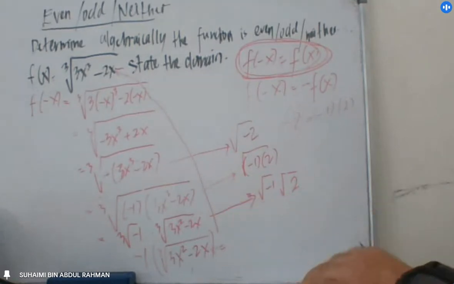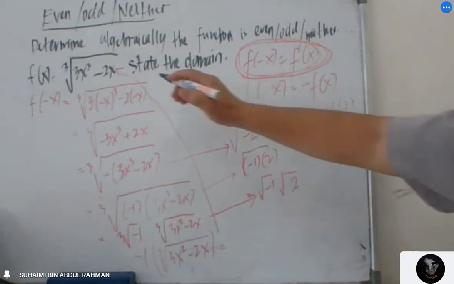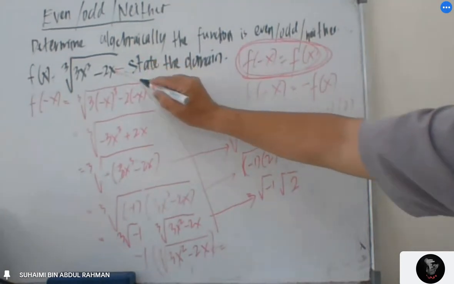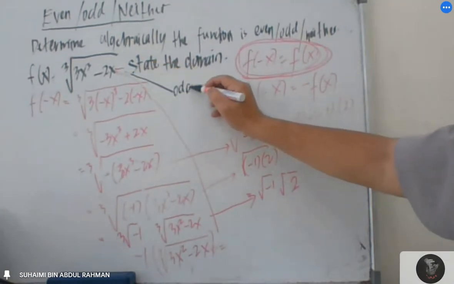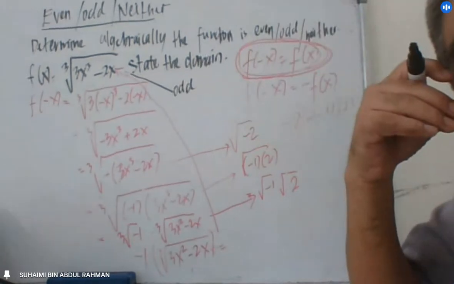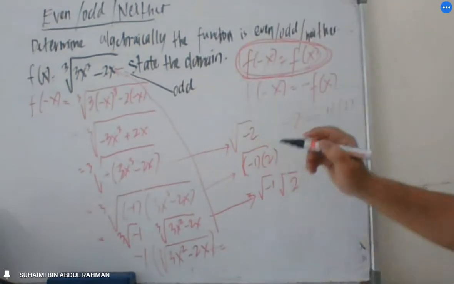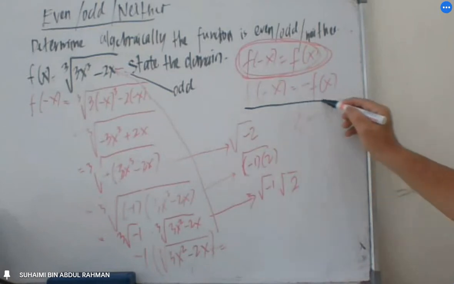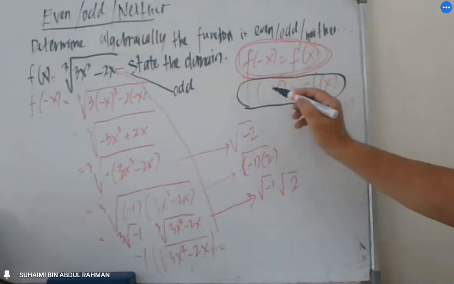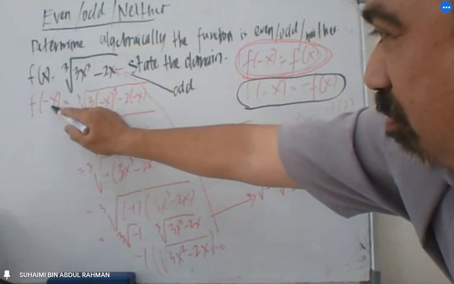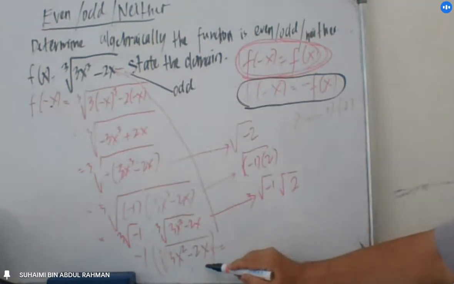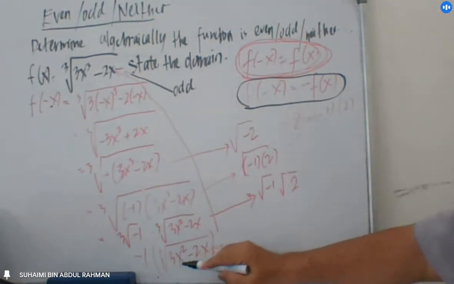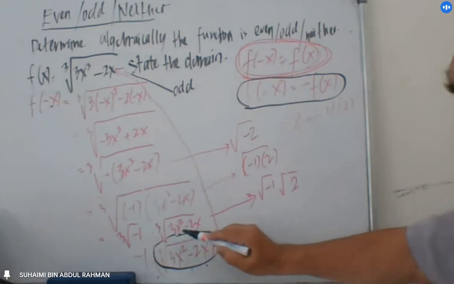Therefore, this function is an odd function, because it fulfills these requirements, the second requirement. Why? Because we substitute with minus x. So what do we get? This is minus of f of x, this is f of x.